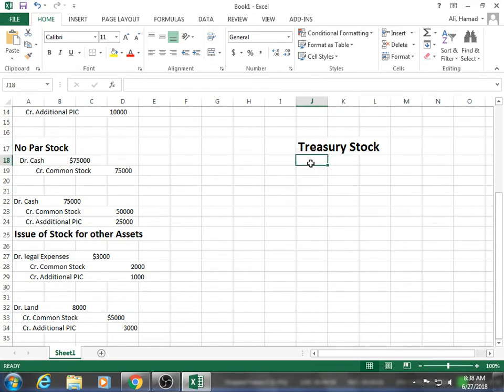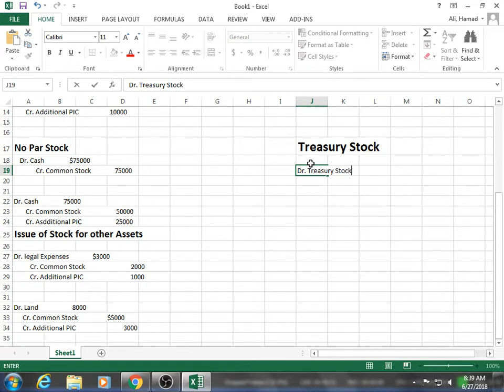So when the company buys back its shares, automatically we debit treasury stock.